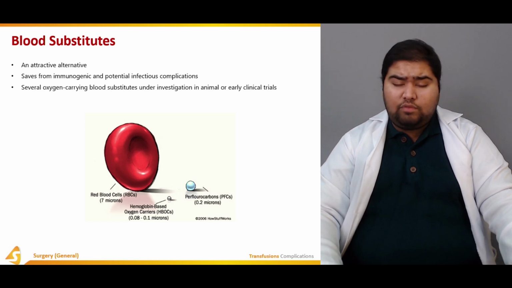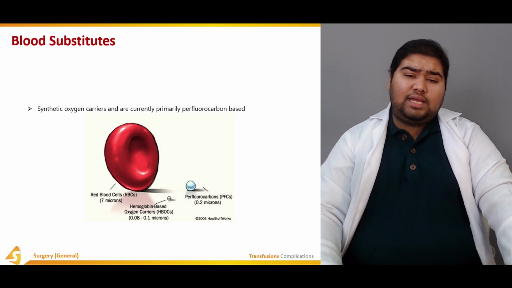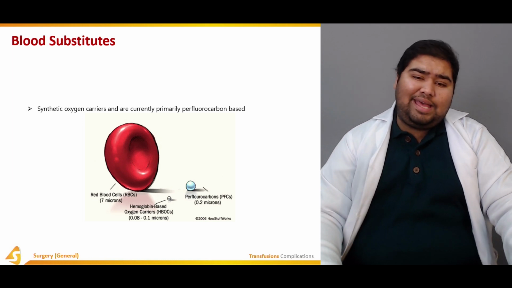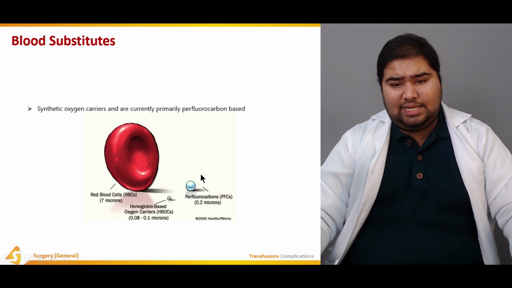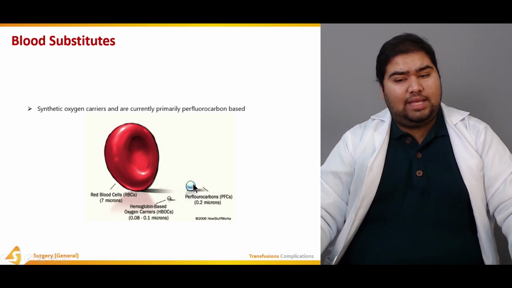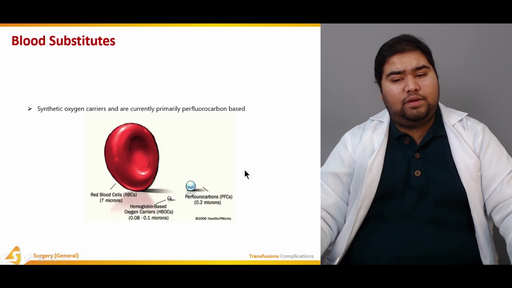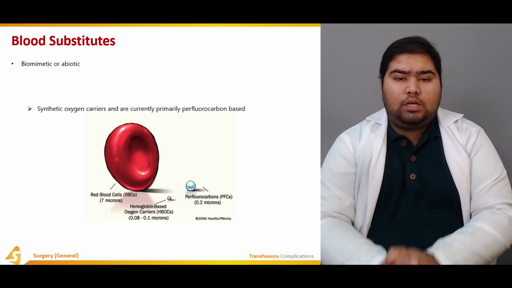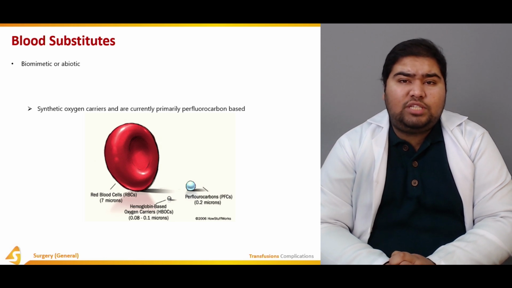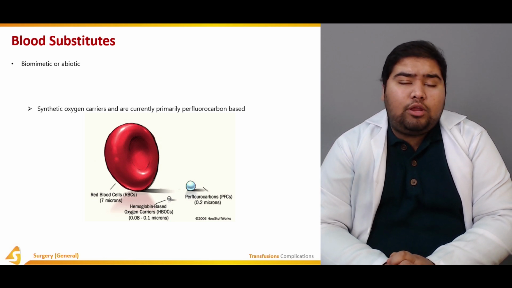There are several of these that are under investigation. Synthetic oxygen carriers are currently primarily perfluorocarbons. Here you can see the perfluorocarbon, which is a synthetic oxygen carrier. There are two types: the biomimetic and the abiotic.